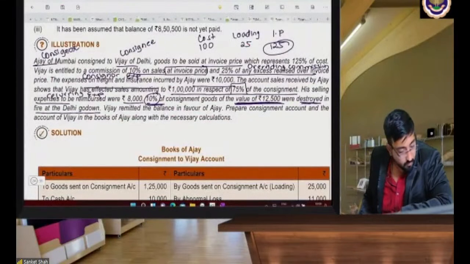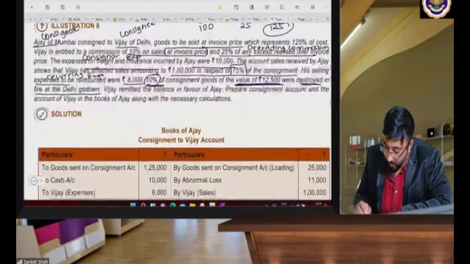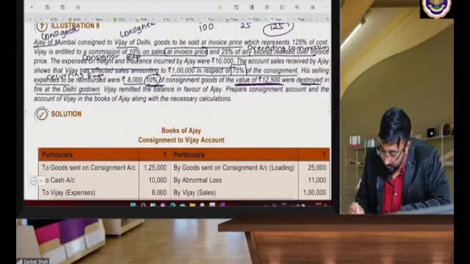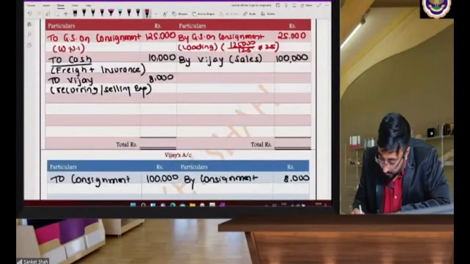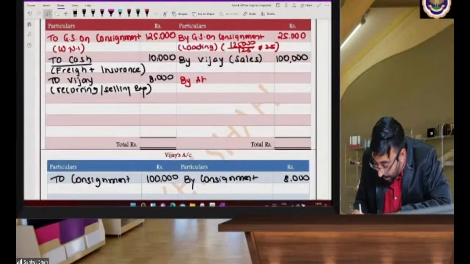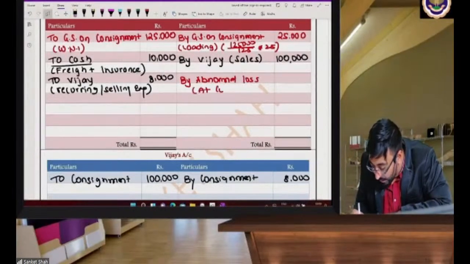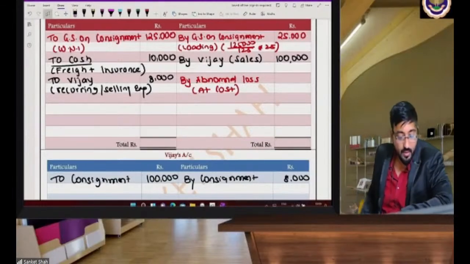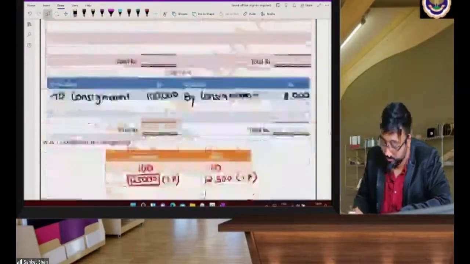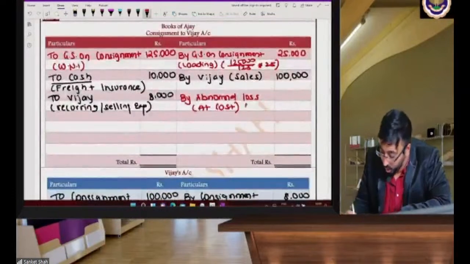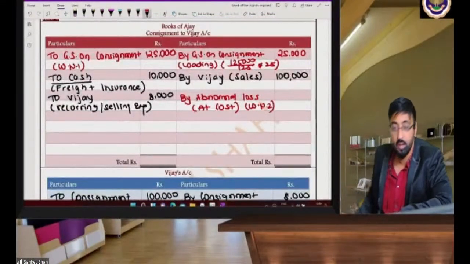Now abnormal loss, 10% of the consignment goods. So write down in red pen: abnormal loss is always recorded at cost. So working note number 2.